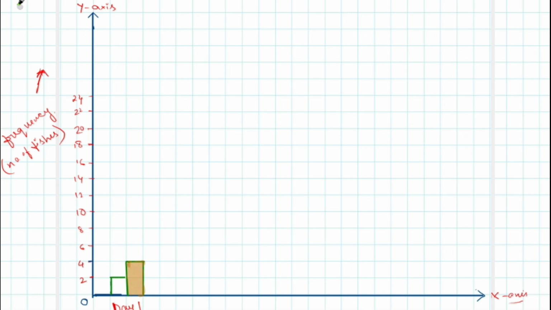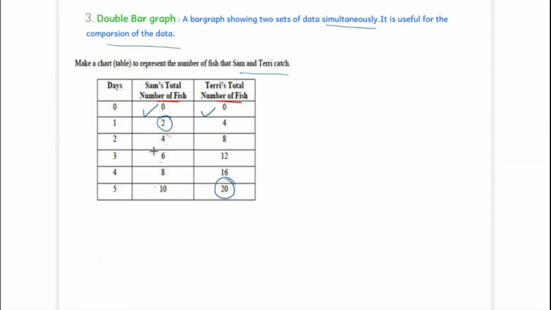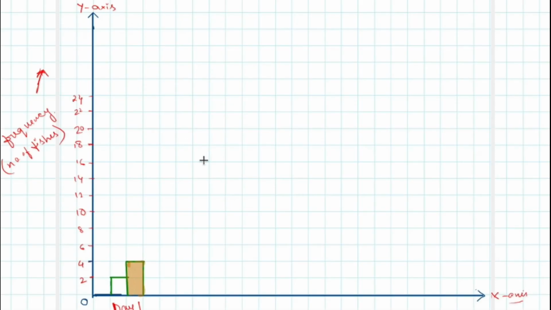Okay, next day 2, for Sam it is 4 and for Terry it is 8. So after leaving 1 box we will mark here 4. We will make the box. For Terry it is 8, so it is here. Okay, so this is for day 2.